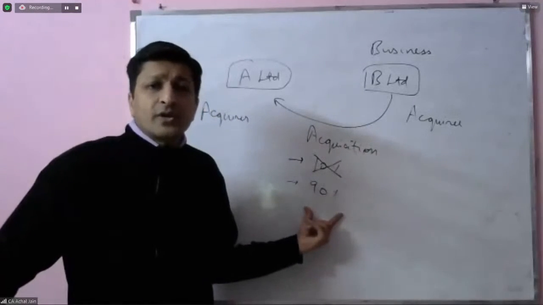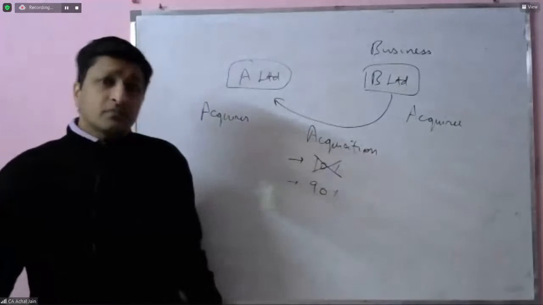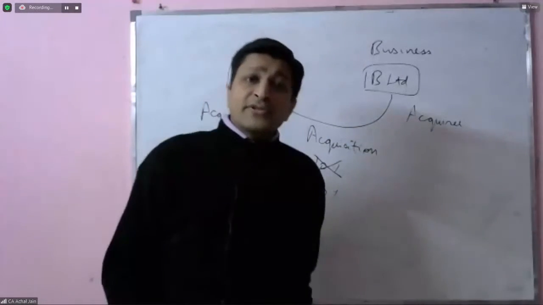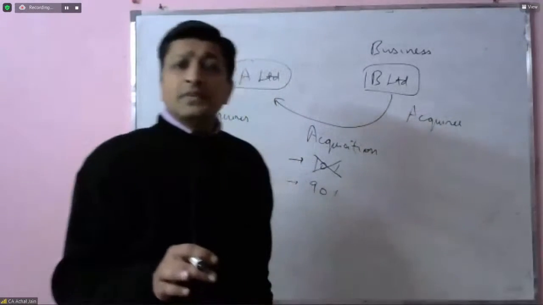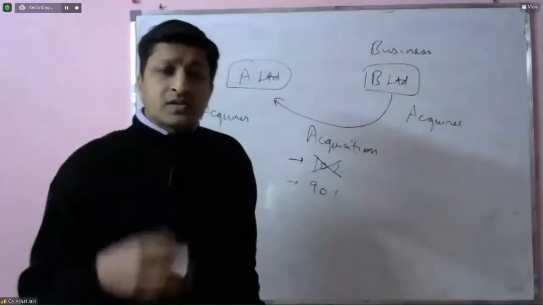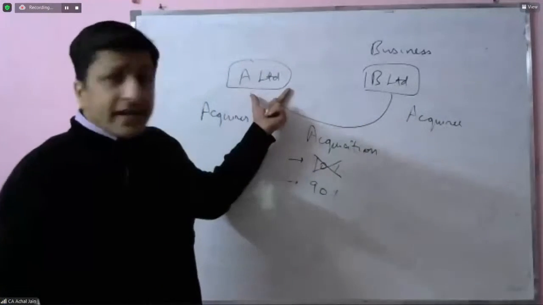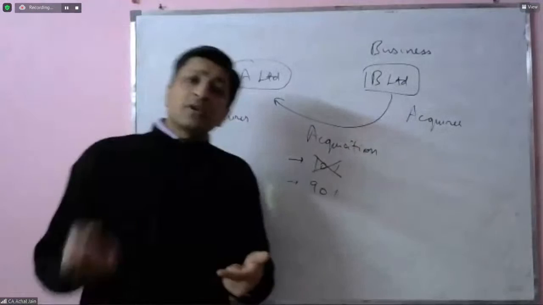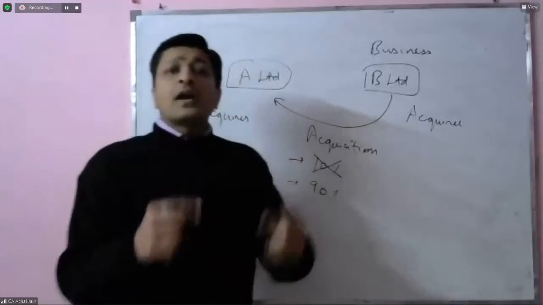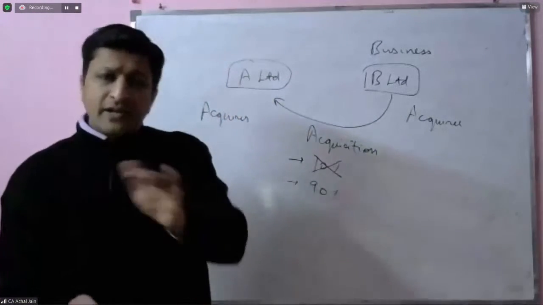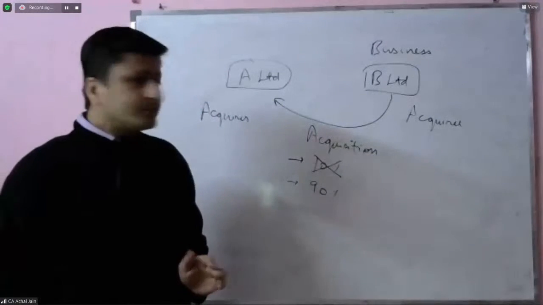In fact, it's majority stake. In such a case, we will generally be saying that the stake which has been obtained by A Limited will also give A Limited control over B Limited, and we'll come to those points also.